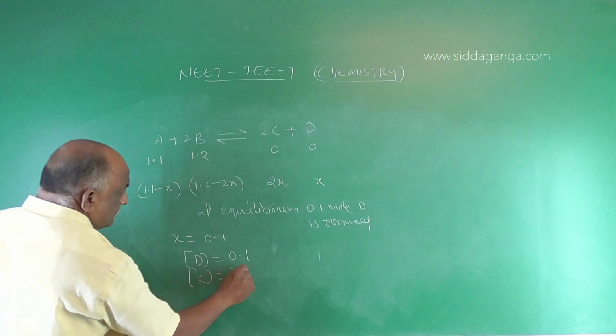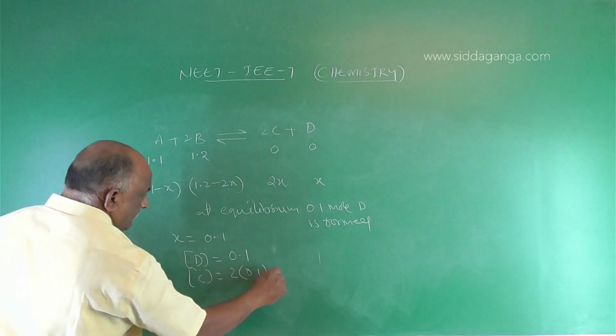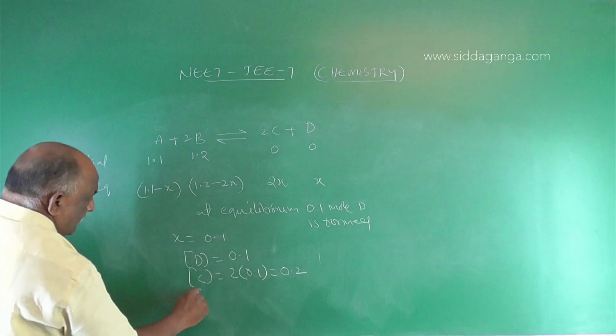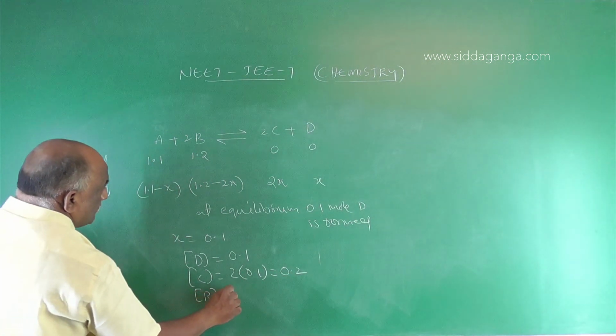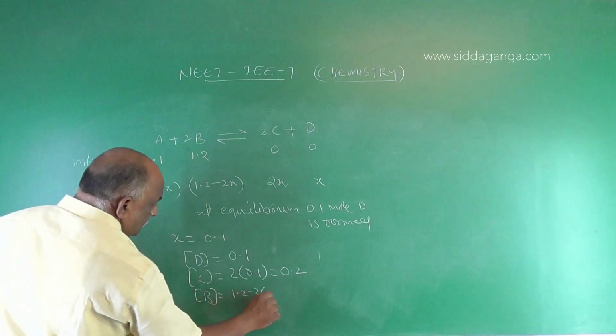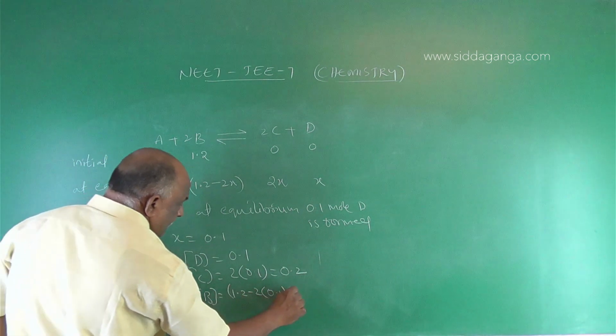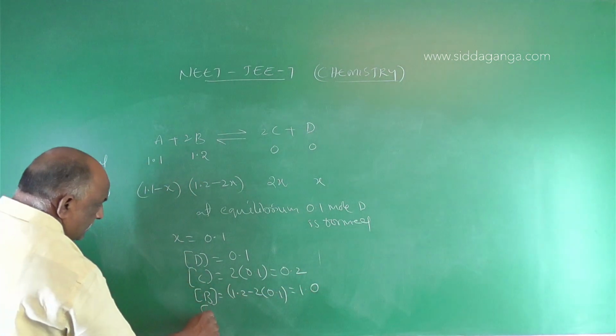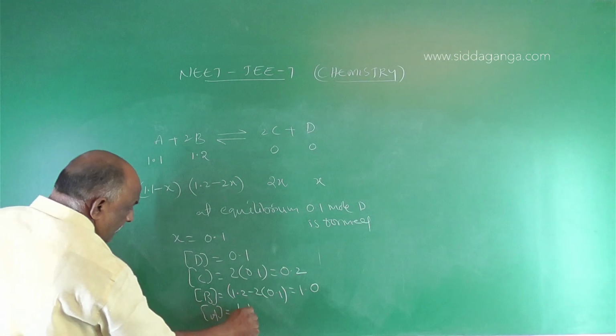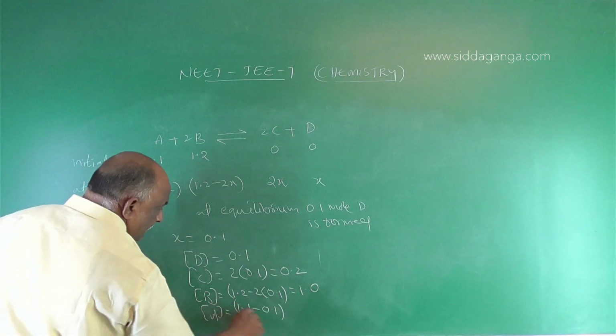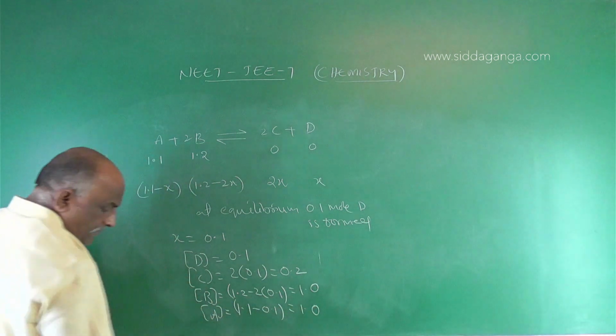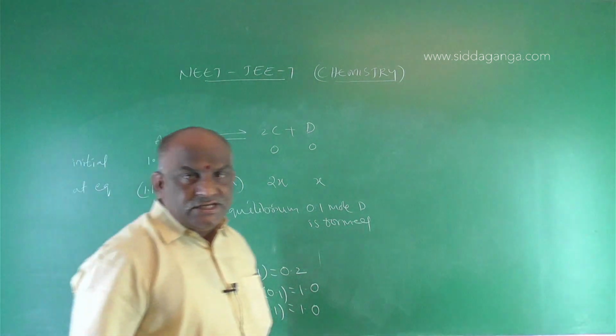Concentration of C is equal to 2 into 0.1, that is equal to 0.2. And concentration of B is equal to 1.2 minus 2 into 0.1, this is 1.0. And concentration of A is equal to 1.1 minus 0.1, this is also 1.0.